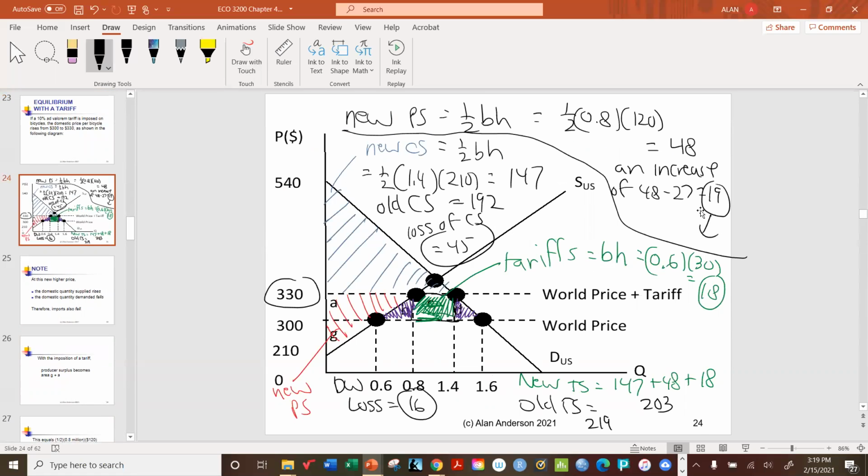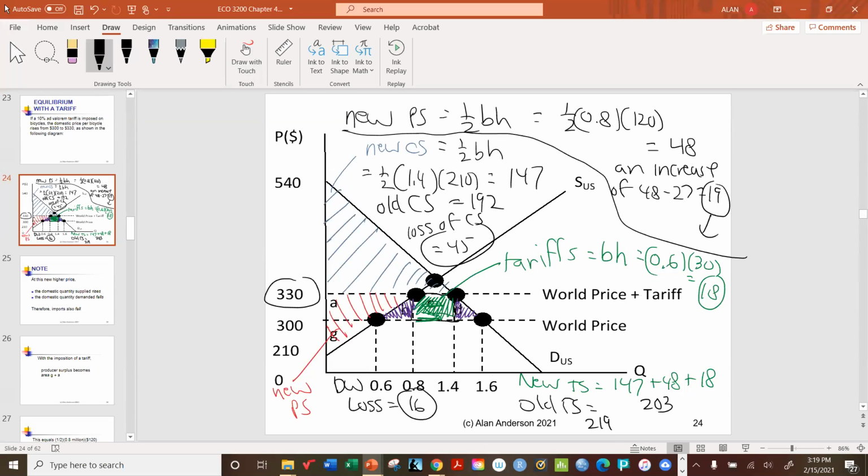Okay, so yeah, the gain to the producer is 19. The gain to the tariffs is 18. Let's see, the consumer loses 45.